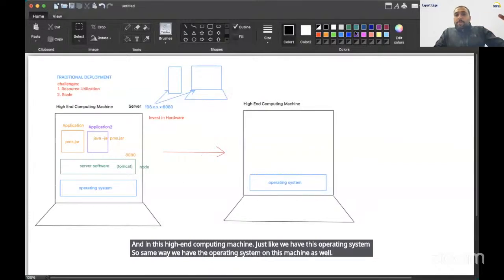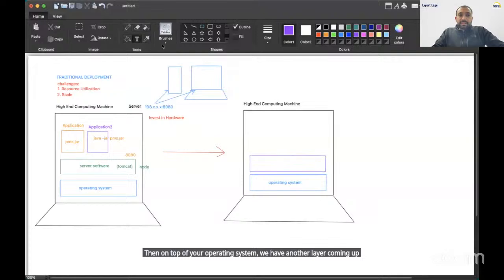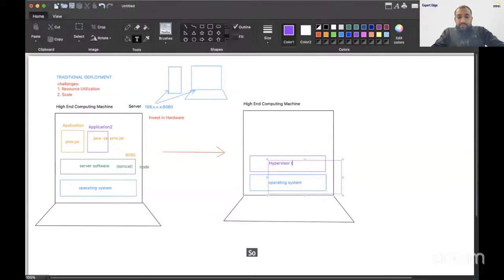Then on top of your operating system, we have another layer coming up, and this layer is referred to as your hypervisor. So this is where virtualization comes into the picture.